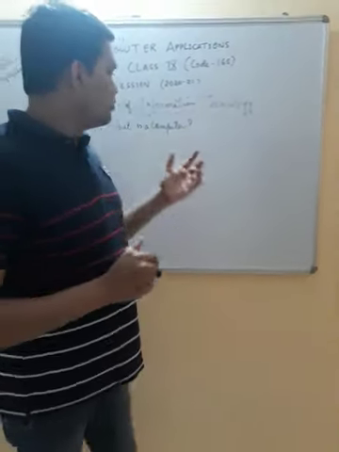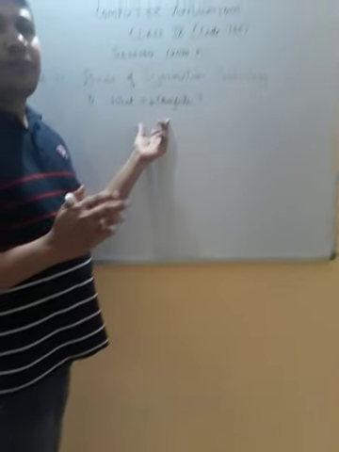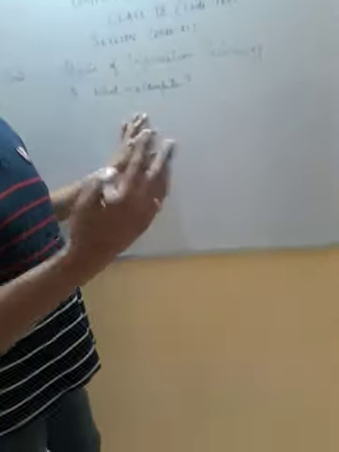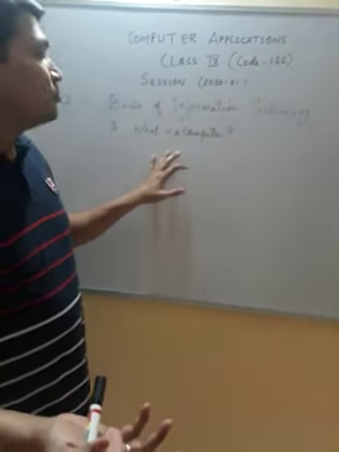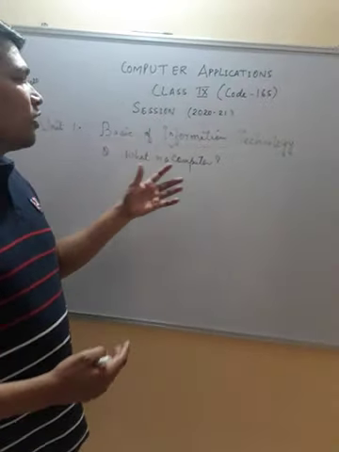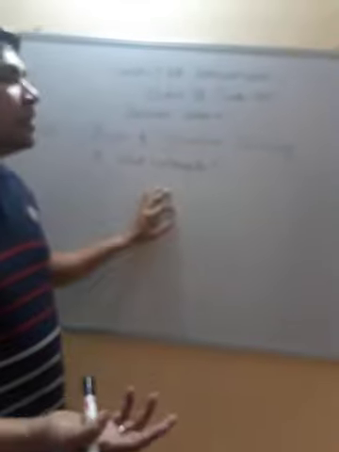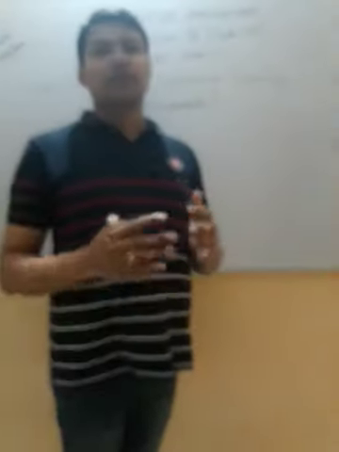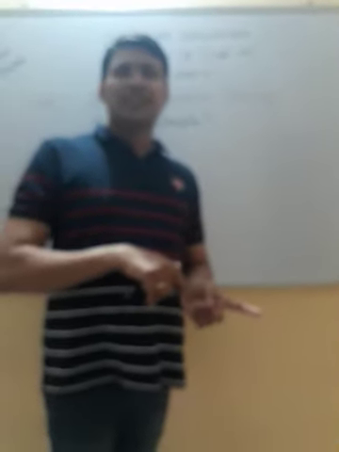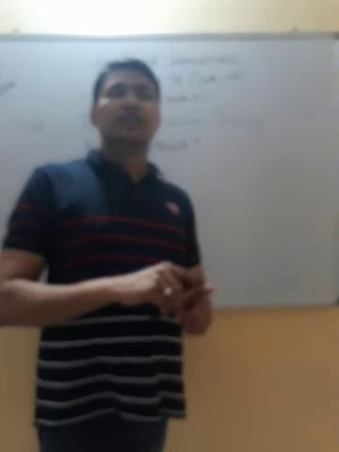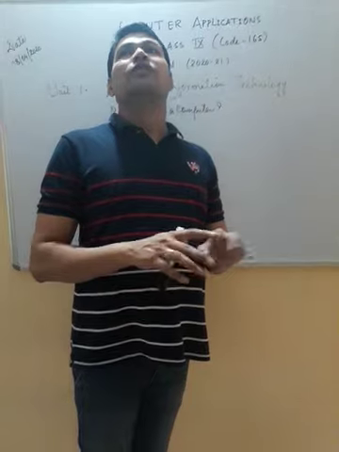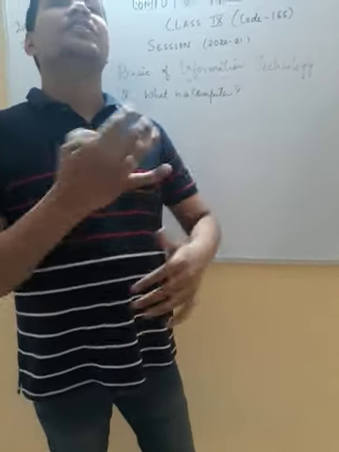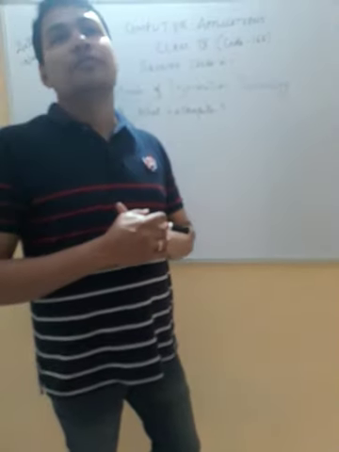So in the computer system there is a requirement of input, then it processes, then it gives the final answer. It performs the instructions given by the user, and gives the result in a meaningful format. We enter the raw data, the raw facts, into the computer, and it processes them and converts them into meaningful information.